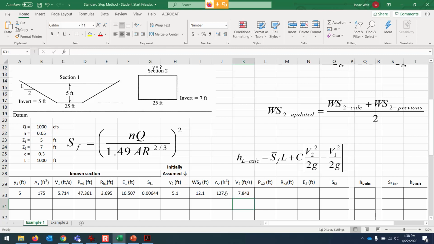So we get the velocity. Wetted perimeter for a rectangular channel like this is 2 times the flow depth plus the bottom of the channel, the width of 25 feet. Okay, so our wetted perimeter should be 35.2 feet. And the definition of hydraulic radius is area divided by wetted perimeter.